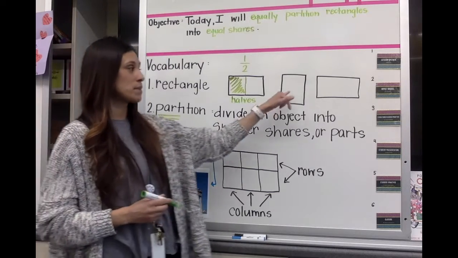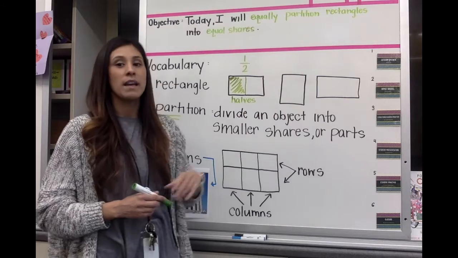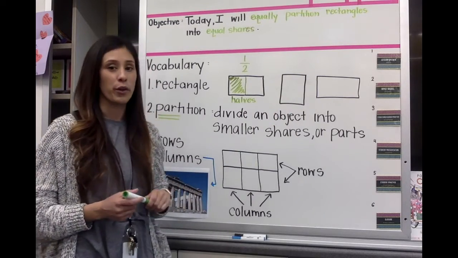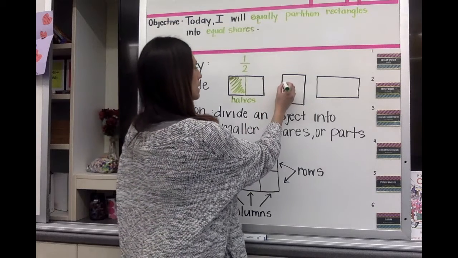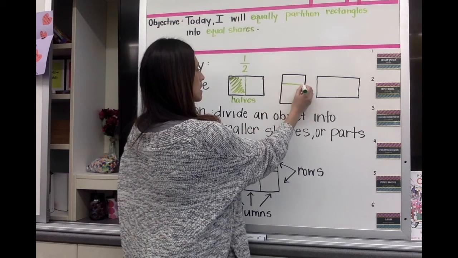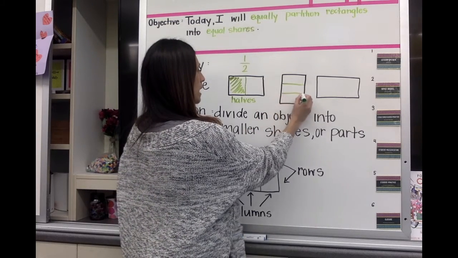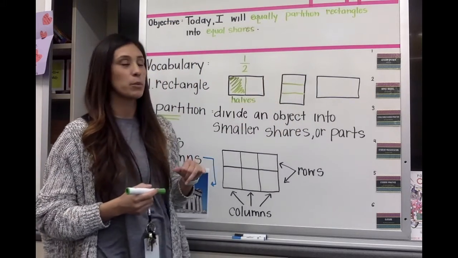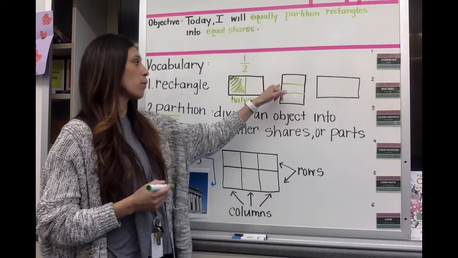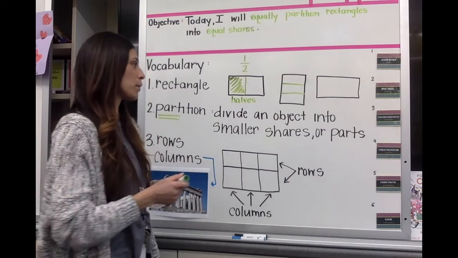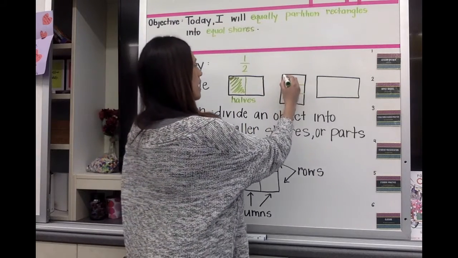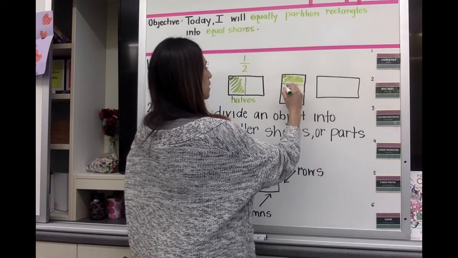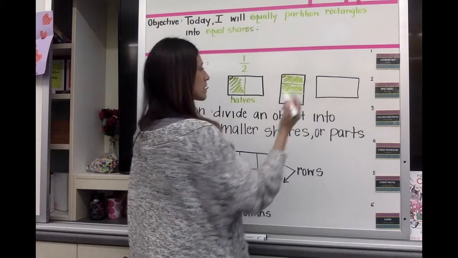Now, I'm going to hop to the next rectangle here, and I'm going to divide this rectangle into thirds. I'm going to take my marker and create 3 rows this time. Instead of columns, I did rows, and they're almost equal shares. They're not exactly, all right, but they're pretty close. And then I'm going to shade in 2 shares this time.